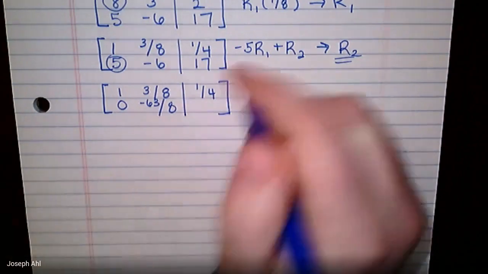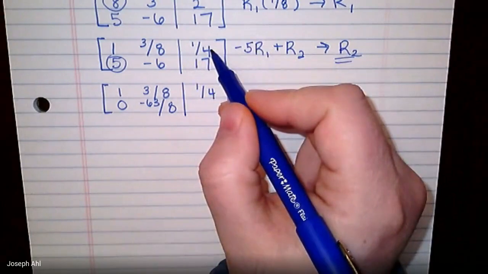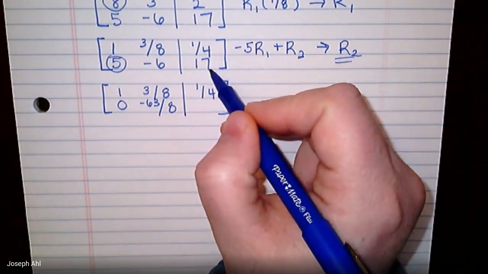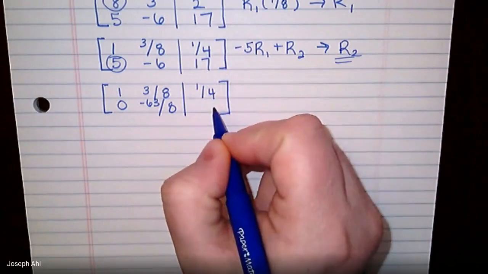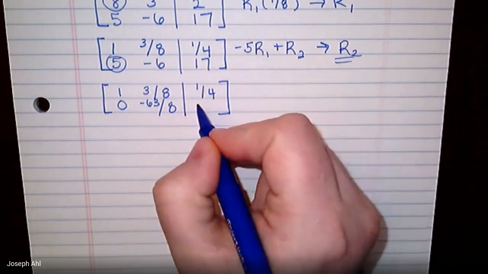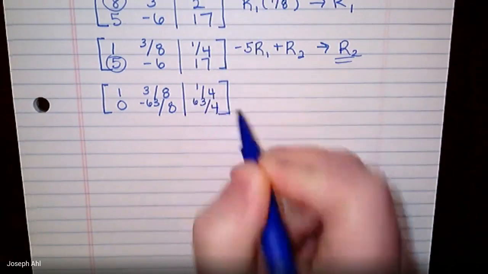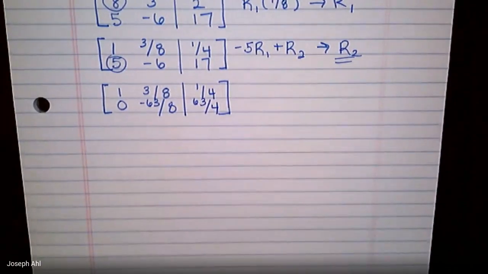All right, negative 5 times 1/4 is negative 5/4. Plus 17. 17 is really 68/4. So negative 5 plus 68 is positive 63/4.